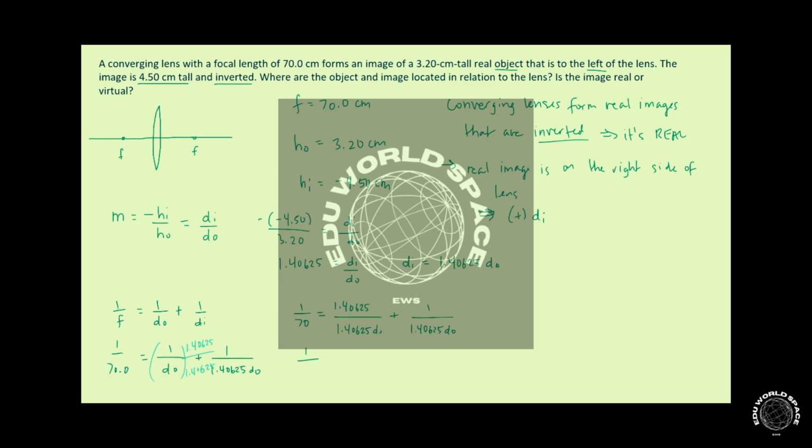Okay, great. So now we have 1 over 70 equals 2.40625 over 1.40625 times our object distance. So we can now invert this in our next step. 70 over 1 equals 1.40625 dO over 2.40625.